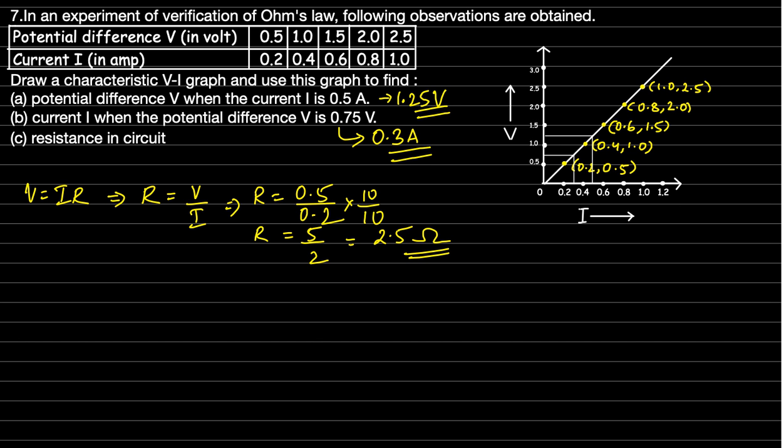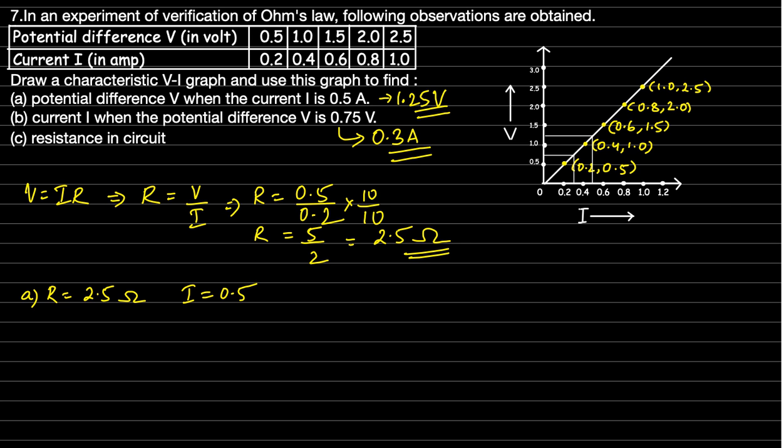Now we have got resistance over here. We can take any of the values and find resistance actually. Now we can again do the A part and B part just to check whether we have done it correctly or not. Now the resistance will remain the same. So coming to the A part, R will be equal to 2.5, which we have got here, and I is 0.5.